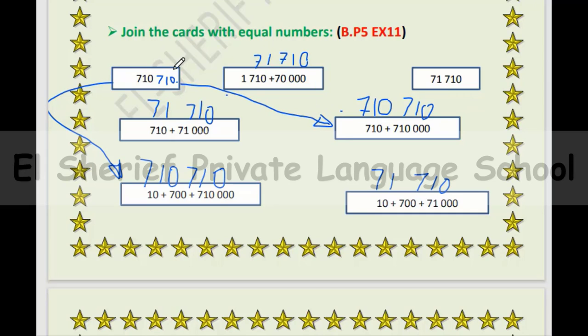And look for any number equal to this rectangle. No, we have two rectangles that equal 710,710. So we will look for 71,710. Okay, here we have this rectangle.